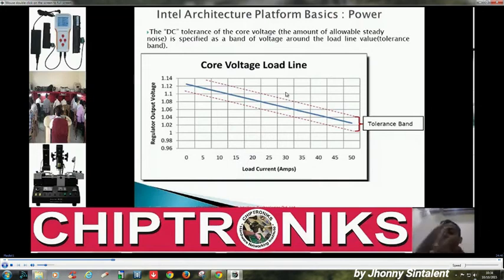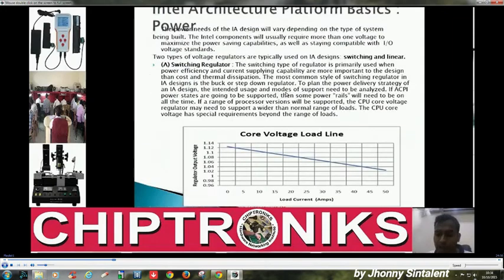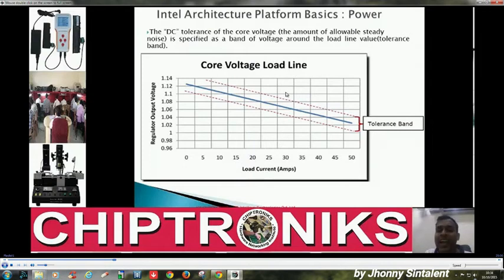Because we will use these concepts while discussing the power on sequence. So mind it, check the minute details that I am talking about right now. What I am talking about is the CPU core voltage load line and the tolerance band. These are the two special differences that a CPU VRM has, right?